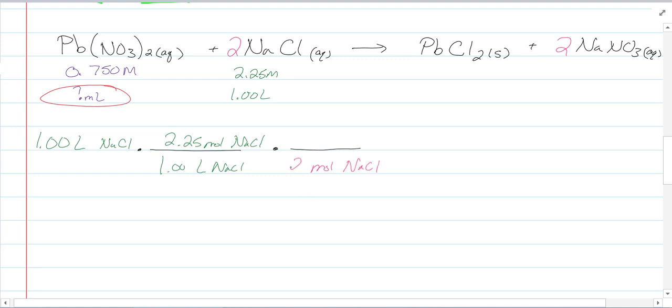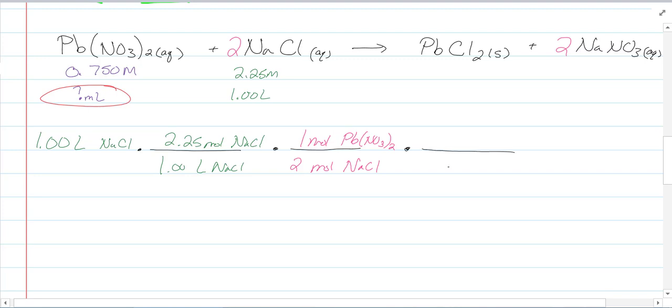Well, what's next? It has to be moles of NaCl. In this case, 2. 1 mole of Pb(NO3)2. I didn't go to the molar mass. Did I need to go to the molar mass? No, I do not, right? That's what's nice about molarity. I'm already in volume times molarity. I'm already in moles. Already there. So after my mole ratio, what has to go on the bottom?